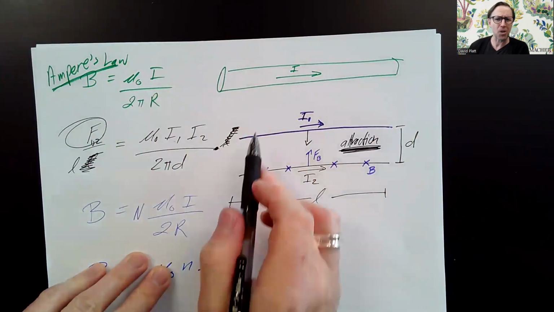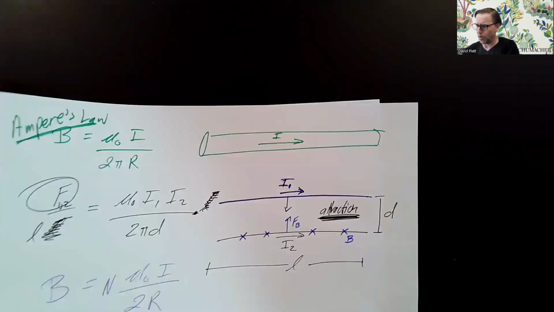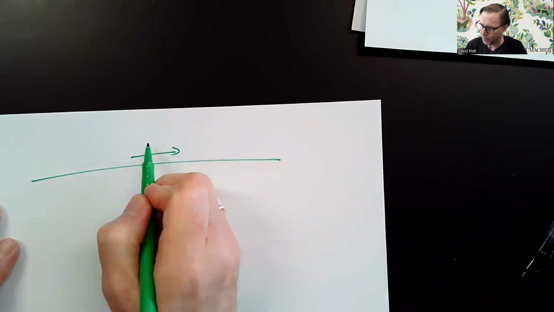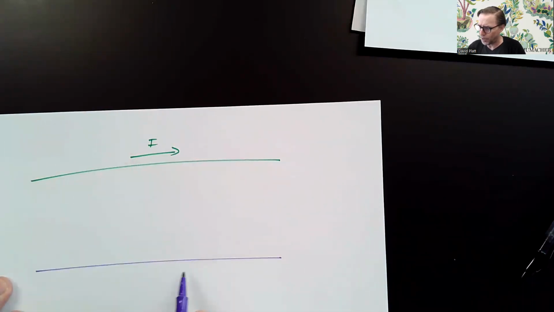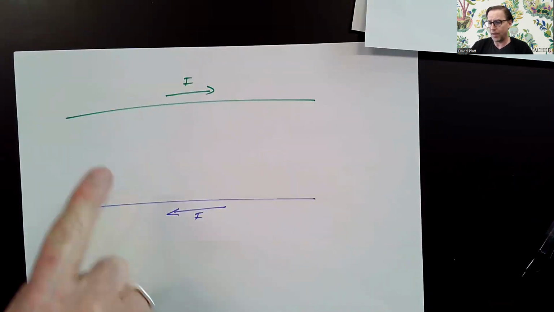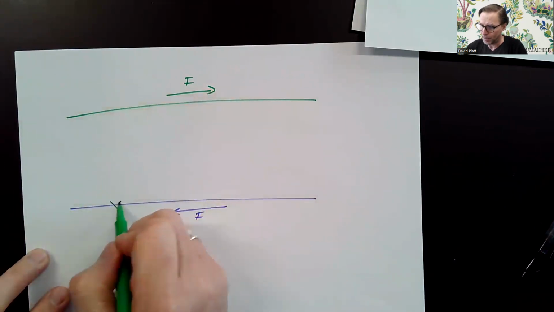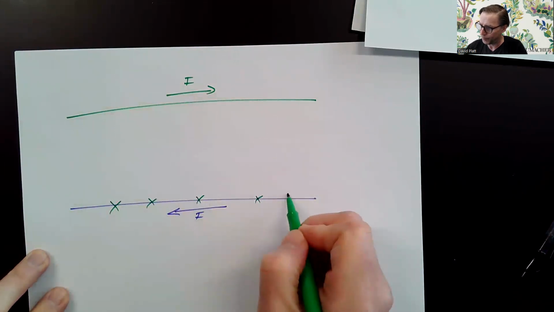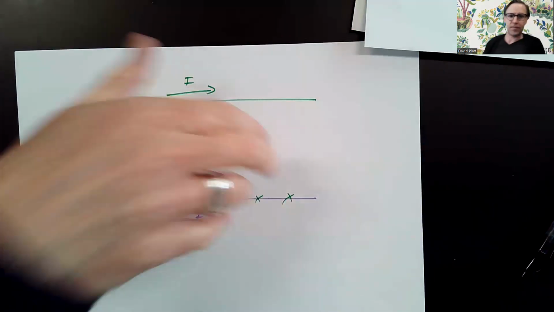Now, does that mean that all current carrying wires attract each other? Let's draw it one more way. Let's say we have a green wire with current going one way, and we have a purple wire. What if the currents aren't going in the same direction? Well, let's see. This green wire creates a field here that's into the page. All right, into the page.